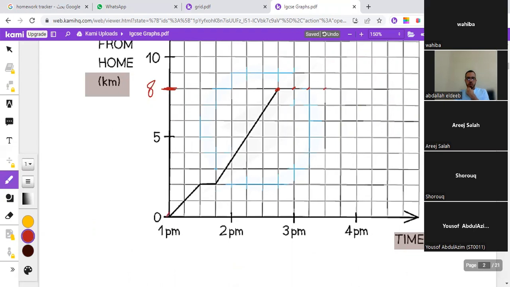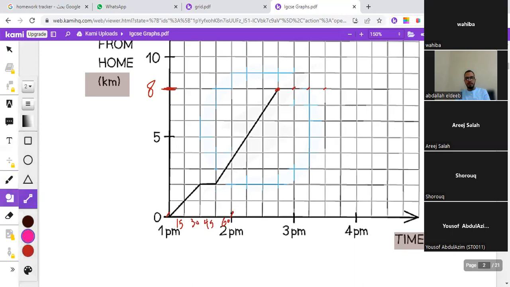It is 15 minutes, because 15, 30, 45, and then 60. So every square is 15 minutes. And the question says she stayed at her grandparents' house for half an hour, which means 30 minutes. So you draw a line like this, 30 minutes.